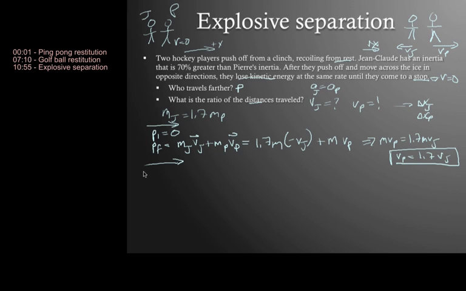So what we want is distance. We know the final velocities of both of these guys, and we know something about acceleration. What we don't care about is time, so we're going to grab this equation: V final squared is V initial squared plus 2a delta x. So we know that our final velocity of, just say Jean-Claude, he's moving this way, he eventually reaches a stop, and we want to know this distance.